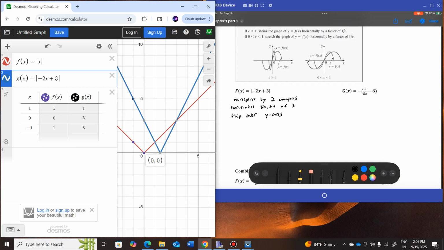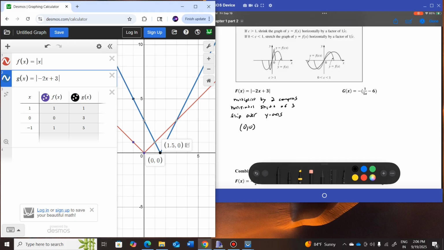Okay. Now, of course, the easy point here is 0, 0. You notice you're adding 3, but it's not just getting shifted to 3. It is being reduced horizontally, so it goes to 1.5.